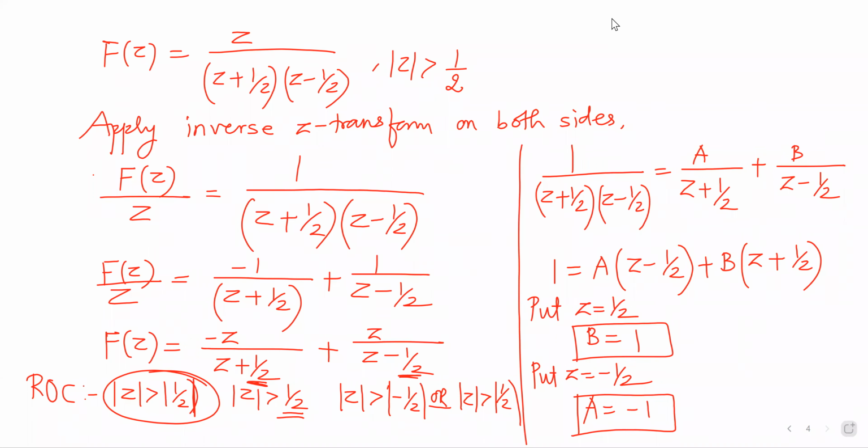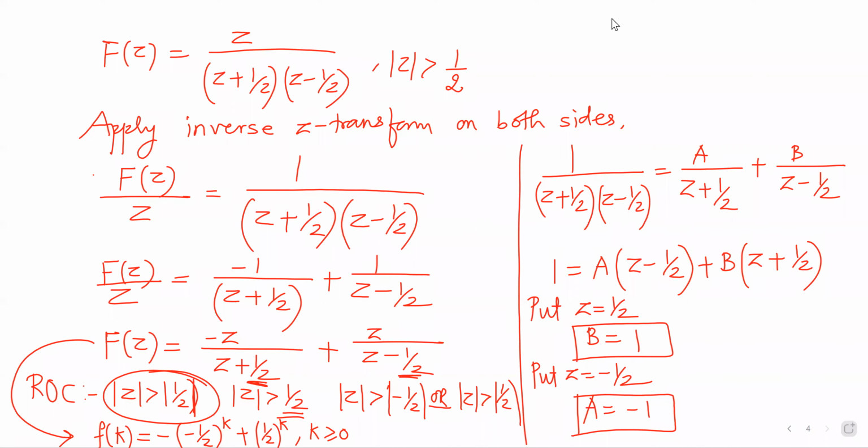So when I use the inverse z transform, f(k) is equal to minus (z upon z minus a), so it is minus half raised to k plus half raised to k, for k positive. So the solution is nothing but minus of, inside the bracket, minus half raised to k, plus half raised to k.